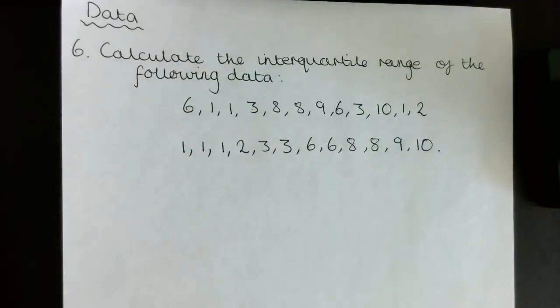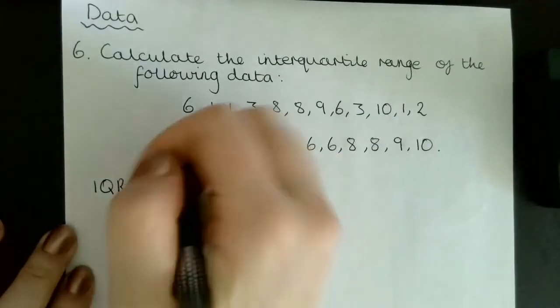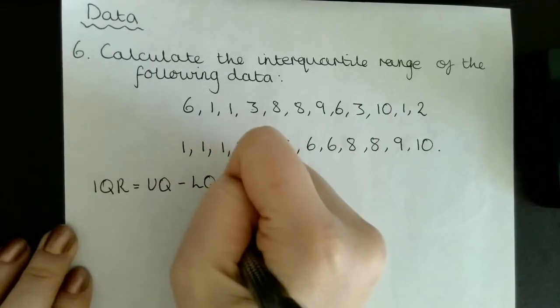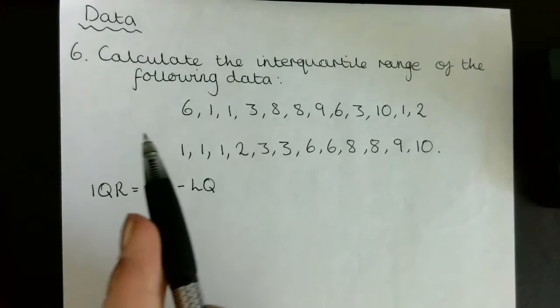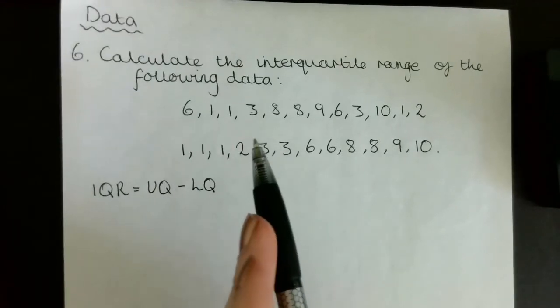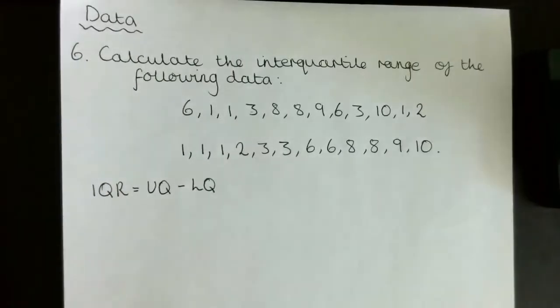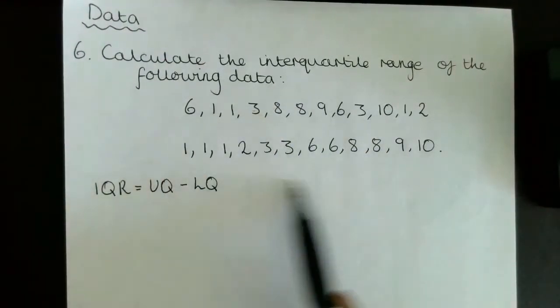In order to find my interquartile range, I need to find the upper quartile and subtract the lower quartile. So the lower quartile is the piece of data that is 1/4 along my list. The upper quartile is the piece of data 3/4 along my list. I've got 12 pieces of data here.